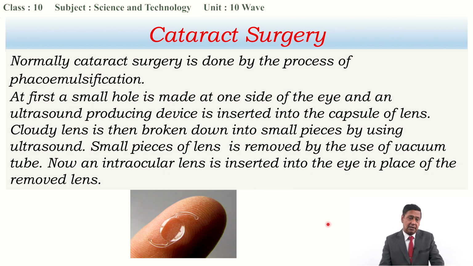And I want to mention now the name of a person who is famous for this, Dr. Ruit. He established a hospital. He is responsible for running a hospital in Tilganga of Kathmandu. He made this intraocular lens, and its cost is very low nowadays. We are sending it to other countries also.